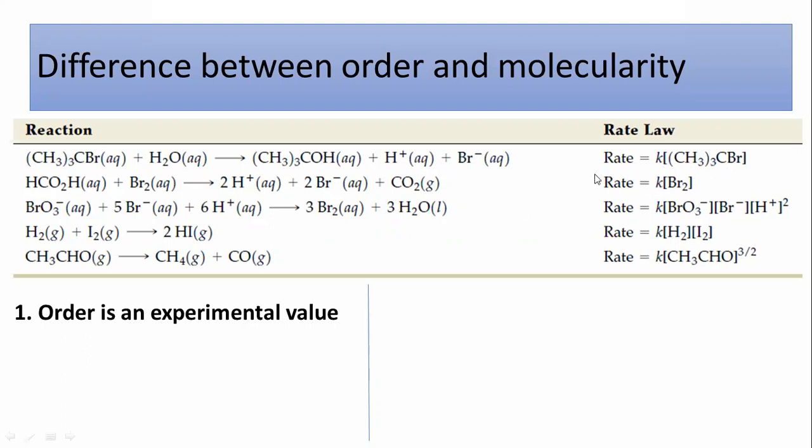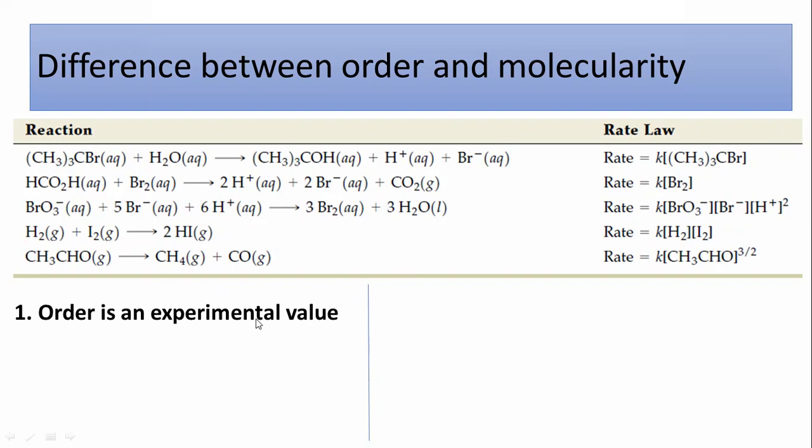Suppose I have written this rate law for this reaction, and water is not in it, although water is in the reaction, and without water this reaction is not going to happen. But the rate law depends on the concentration of this molecule. So how did I know that water is not influencing the rate of this reaction? It is based on the experiments.